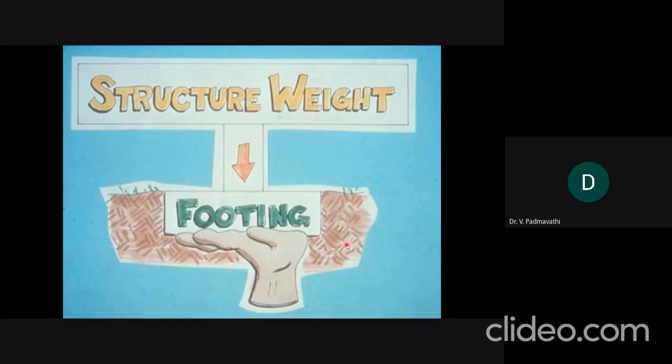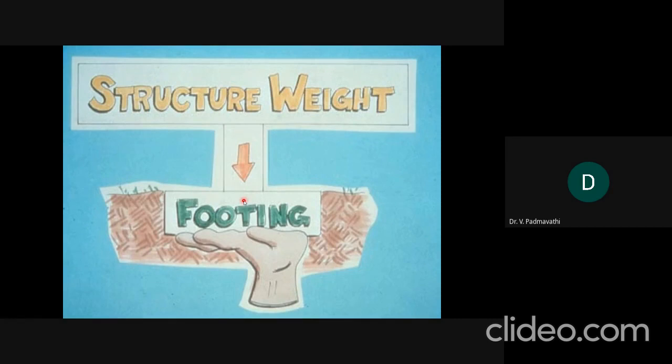So if you have loose soil or very soft soil, in other words soil having very little strength, then the soil may undergo failure due to the applied loads coming from the superstructure. Okay, that's why we should know how much strength the soil has below the foundation. Depending upon that, we can restrain the load imposed on the foundation.